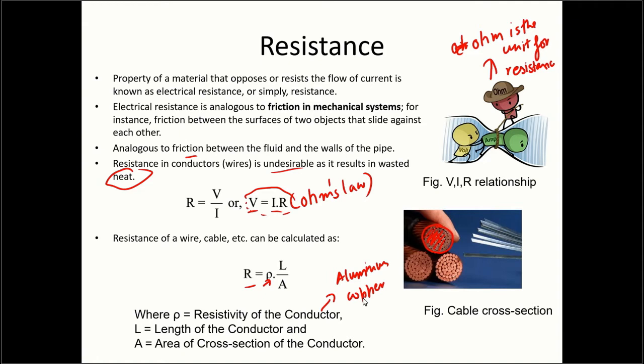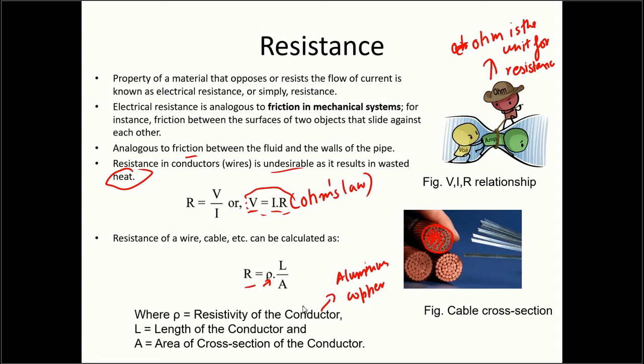Typically what we see in large scale electrical transmission systems is a combination of aluminum and copper. So typically the core of a conductor is made up of aluminum, and the outer region is made up of copper. We'll get into that when we get into electrical lines, but I just wanted to let you know that rho is a property of the different materials that you use.